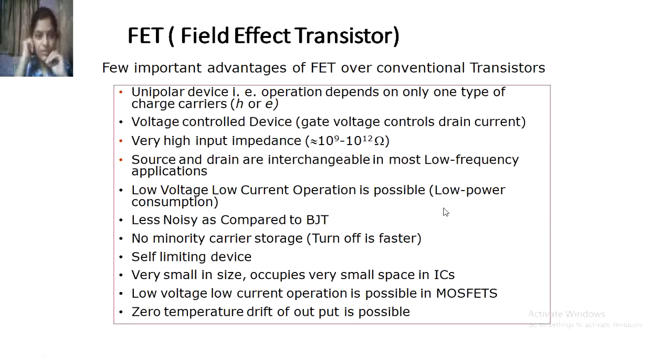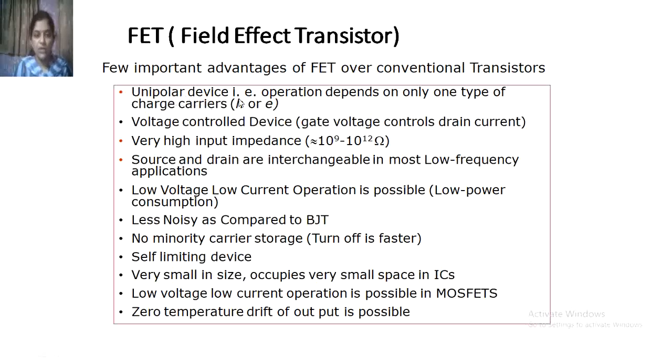So let us see the important advantages of FET over the conventional transistor. We know that BJT and FET are two types of transistors. One is bipolar and the other is unipolar. So let us see the advantages one by one.